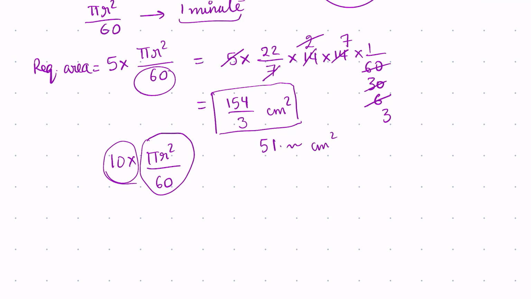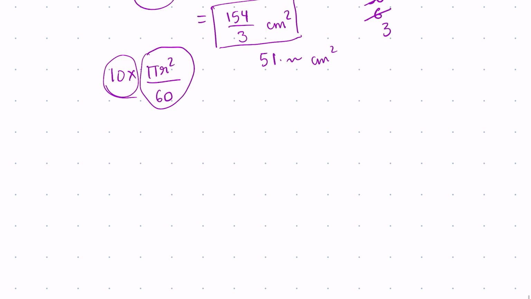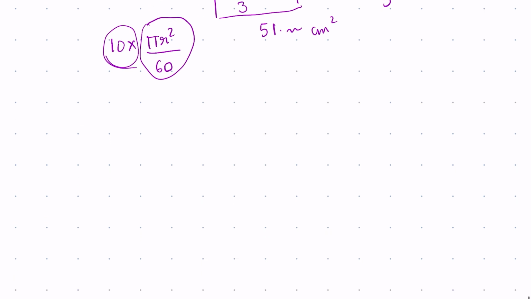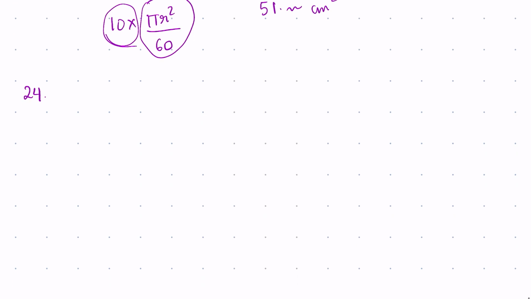Okay, next we move on to question number 24. So question number 24 says the radii of two right circular cones are in the ratio 2:3. Okay, so there are two cones. Let's say one is like that, and then there's one more, not identical, I mean the dimensions are different.